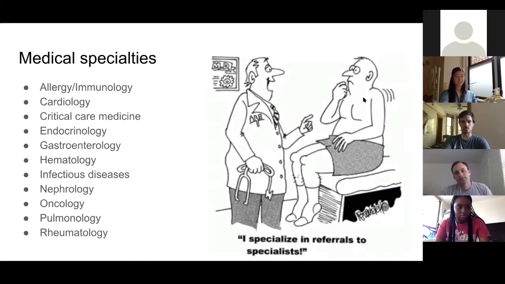So medical specialties, among these, and please stop us if you want to talk about any of them, or you can talk about them at the end. People who specialize in allergy or immunology, and then some of the organ system specialists, like cardiology, who specializes in the care of the heart and circulatory system, endocrinology, who focuses on endocrine disorders, gastroenterology, which focuses on the gastrointestinal tract, hematology, blood.